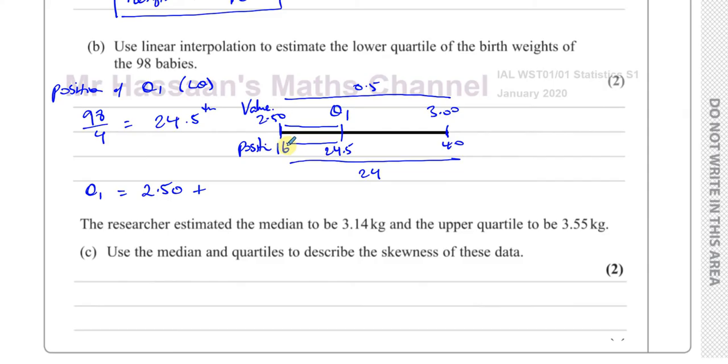So this distance, 24.5 minus 16, divided by the total width of this group, 24, is the same fraction of the 0.5 width. So Q1 is 2.5 plus 8.5 over 24 times 0.5.